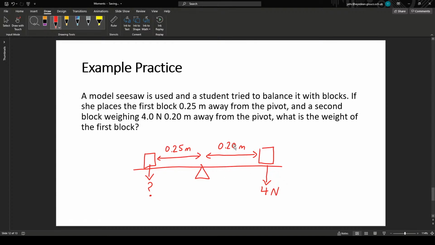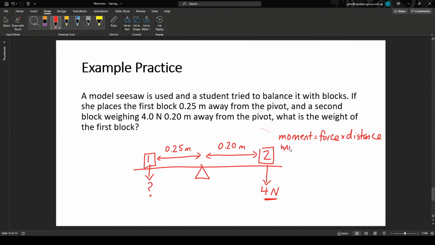Let's look at the side where I am given all of my information and I'm able to calculate the moment now. So on my right-hand side, I'm told the force and I'm also told the distance. So I can calculate the moment of block number 2 by doing moment equals force times distance.